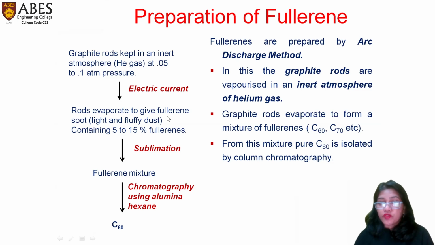This soot is a mixture of fullerenes, containing around 5 to 15% fullerene. Further, this mixture is sublimed, and the fullerene mixture is separated using a chromatographic technique, where alumina and hexane are used, and we take out C60 fullerene from this mixture.